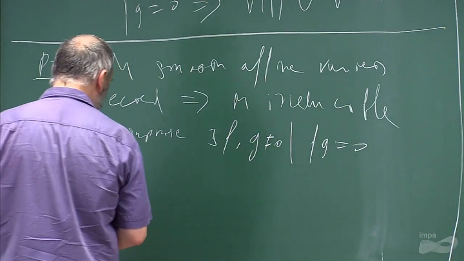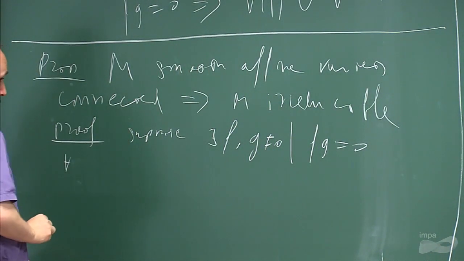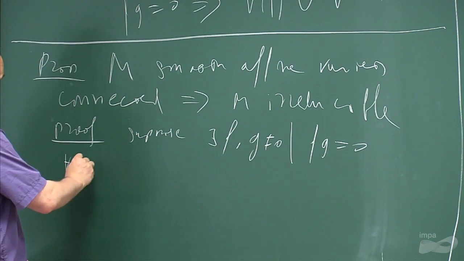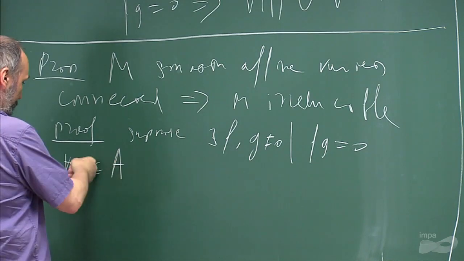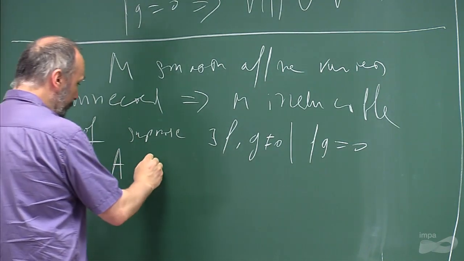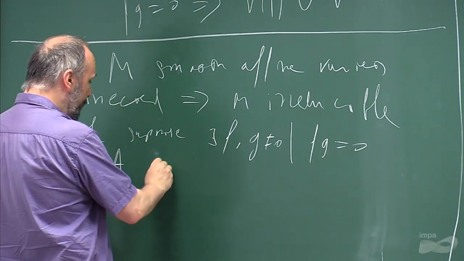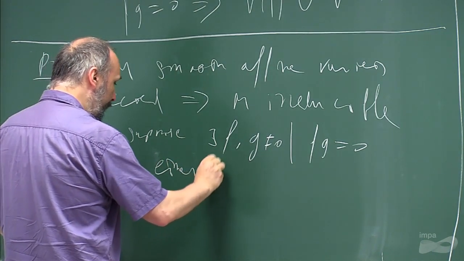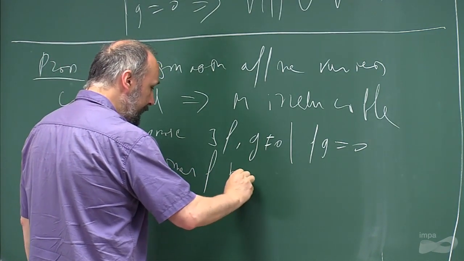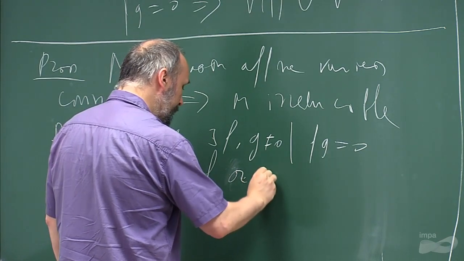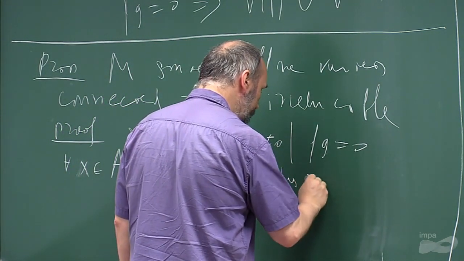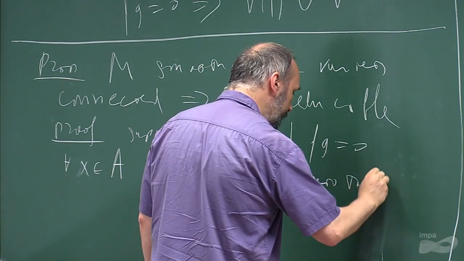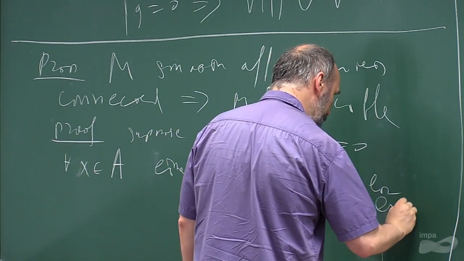So this means that for each point x inside our set A, there exists either f has or g has 0 Taylor expansion.